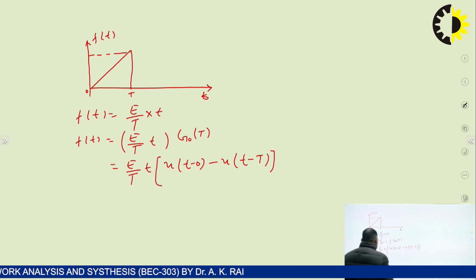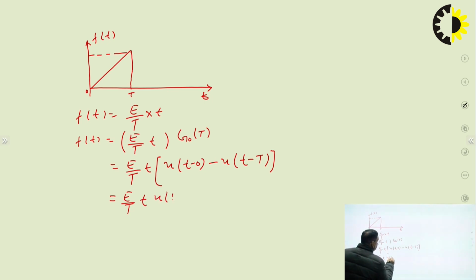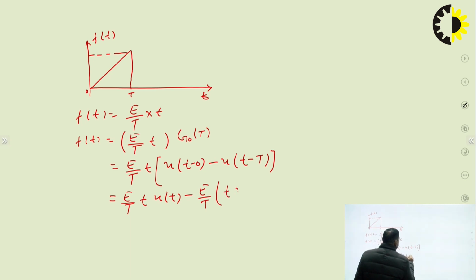Okay, we can write now (E/T)t u(t) minus (E/T)t u(t minus T).